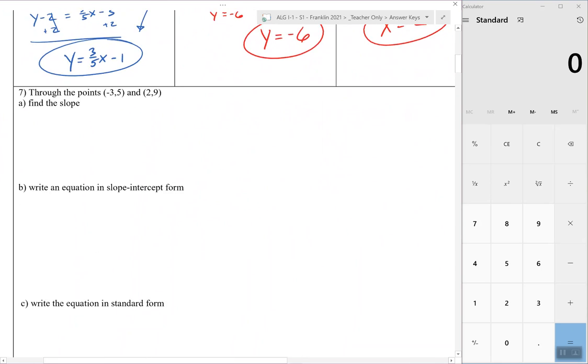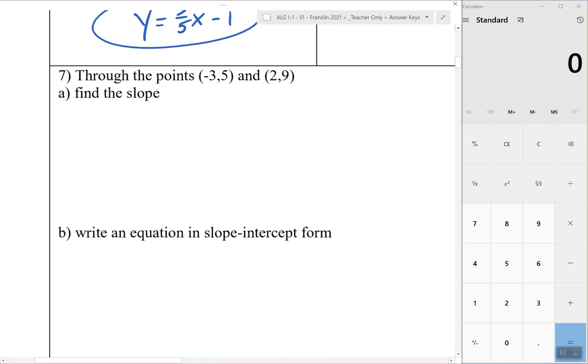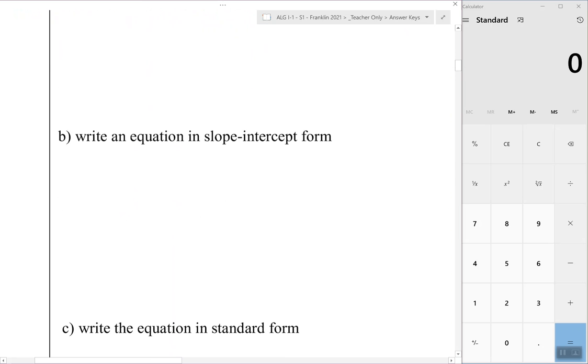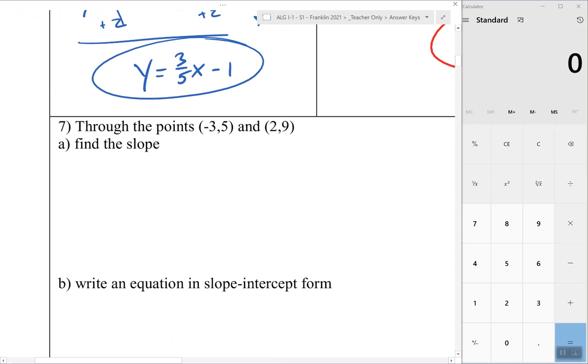Okay, moving on. Now number 7 is multi-part. We're going to use these 2 points to first find the slope, and then we'll write our equation and then change that to standard form. So using the slope formula, which remember is y2 minus y1 over x2 minus x1, we're going to fill in, remember xy like this.